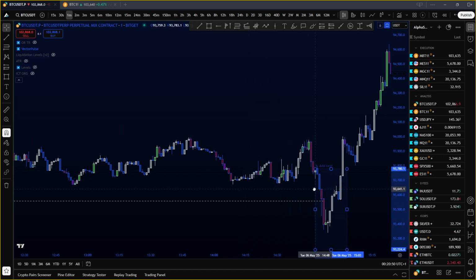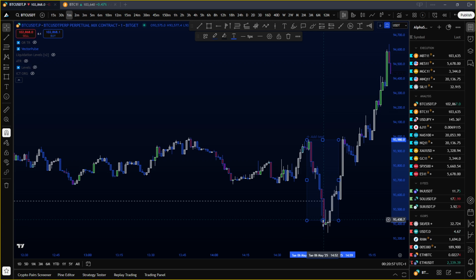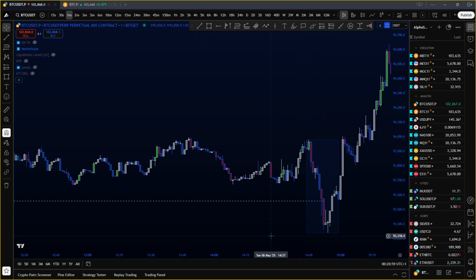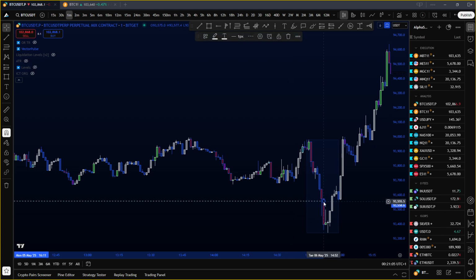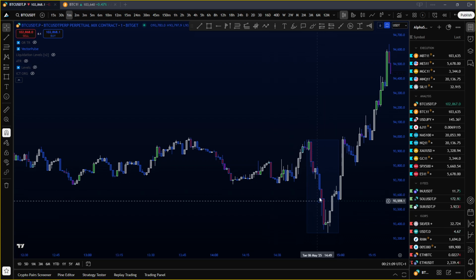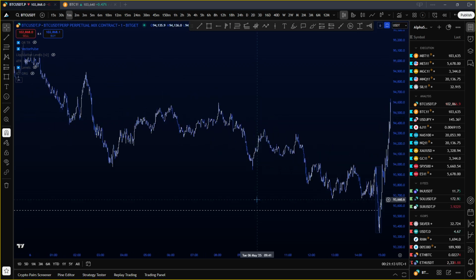Suppose that this move over here is our range. It was a little bit before, but just for the example, let's pretend that this was the range. Because it took, this is an Asia low, I think.